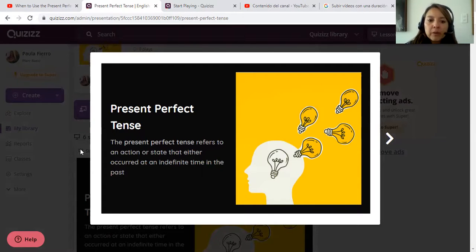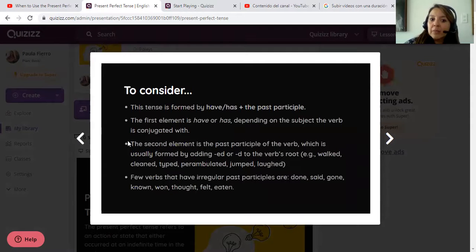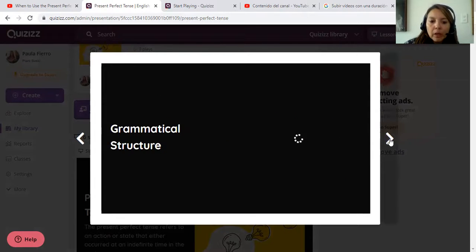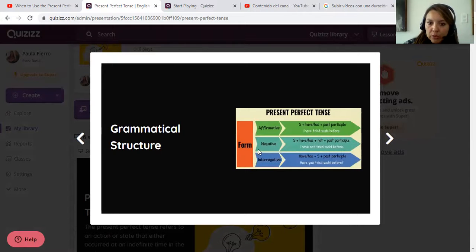It says that the present perfect tense refers to an action or state that occurred at an indefinite time in the past. You have there something to consider: how it is formed, how to conjugate the verbs according to the present perfect tense. Then we have the grammatical structure for affirmative sentences, negative sentences, and interrogative sentences.